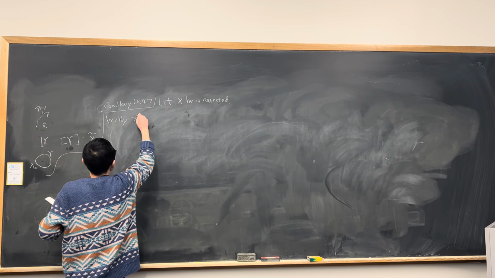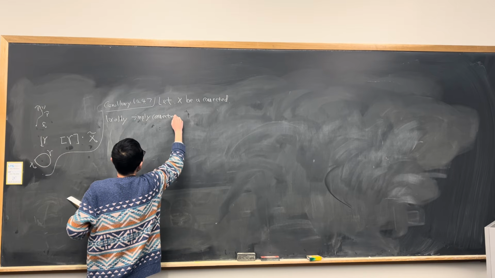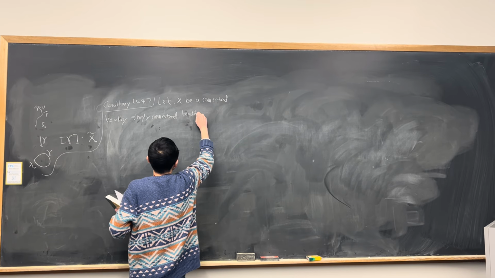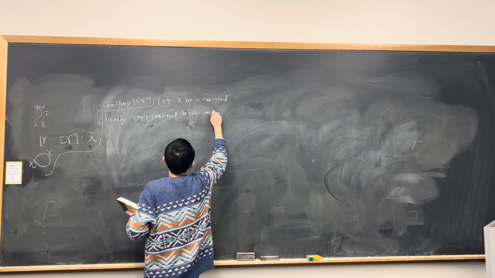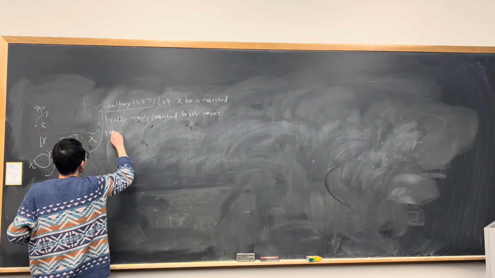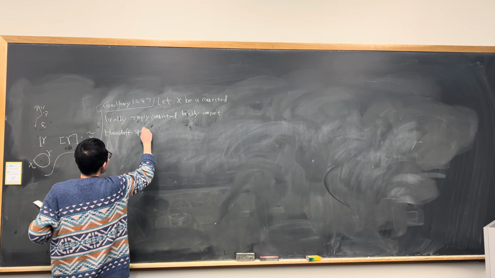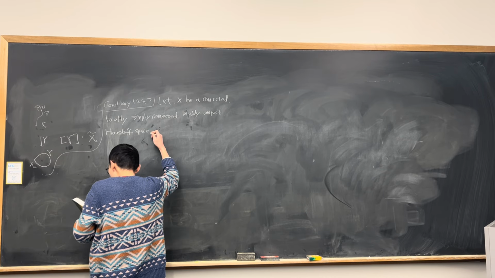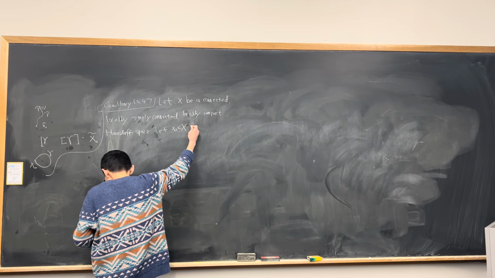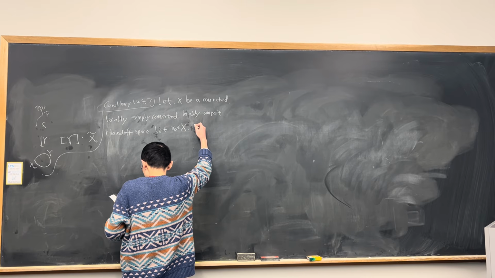And let X naught be your base point in X. And then let gamma be a subgroup of pi 1 of X naught.